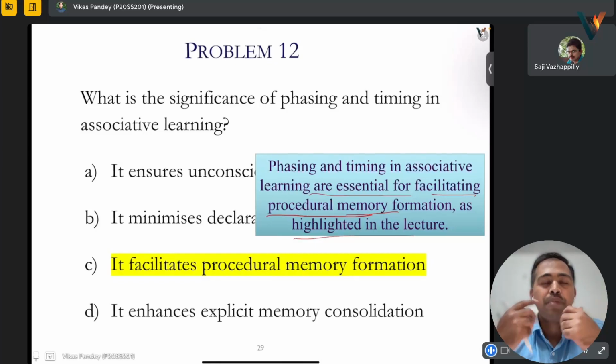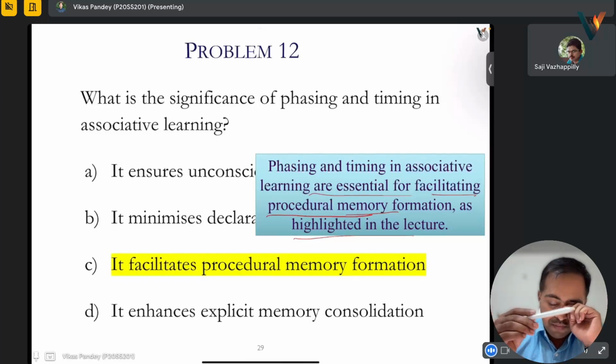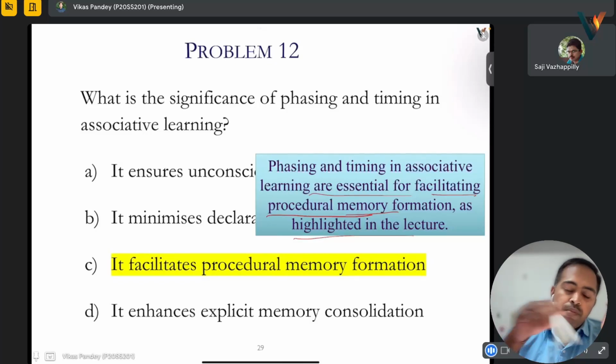We can say it is something repetitive in nature. Suppose you have the habit of making tea, and you stir it 4 or 5 times.